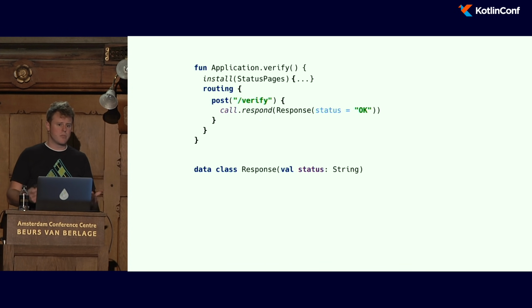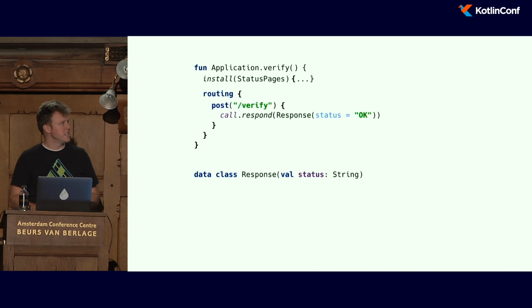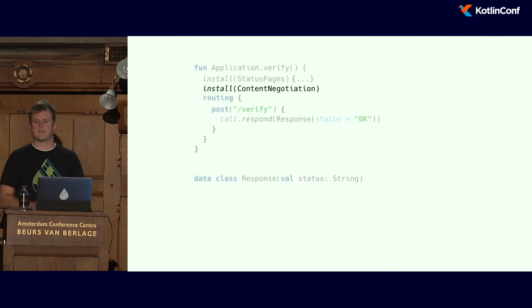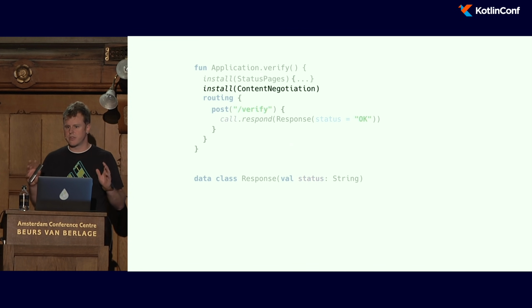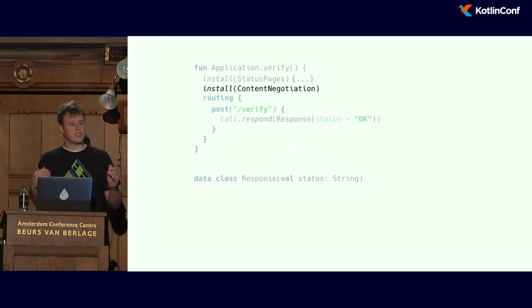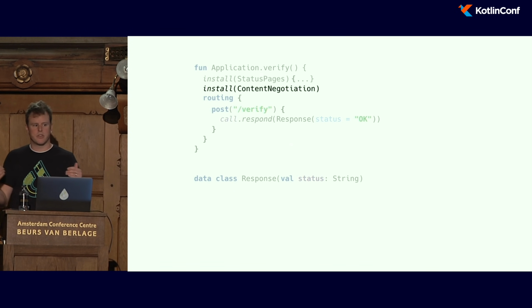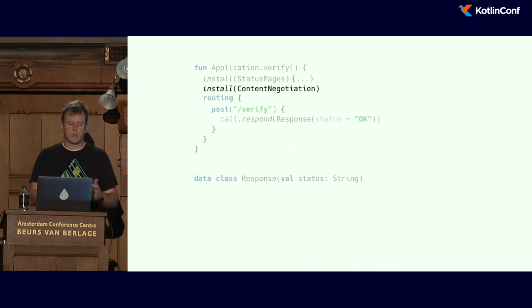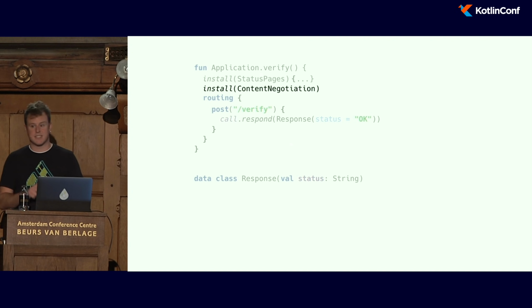And as you might imagine, we're going to install another feature. This feature is called content negotiation. Now this is nothing new that JetBrains or Ktor invented. Content negotiation is the standard mechanism by which a server and a client negotiate to determine what type of content they're going to communicate with. And you'll recognize this with different HTTP headers like content type and accepts.